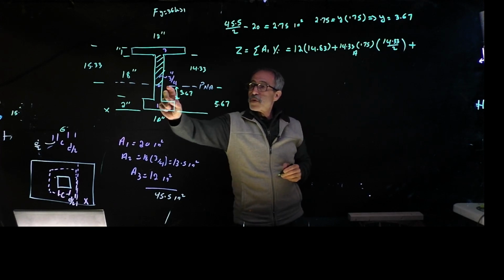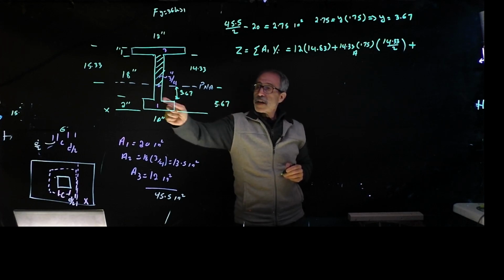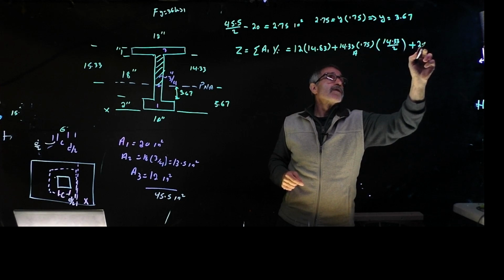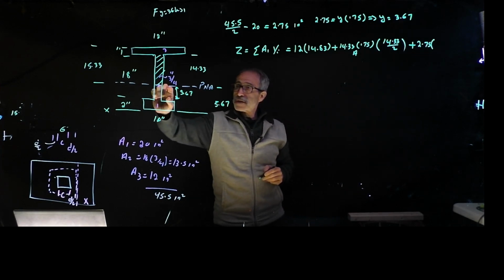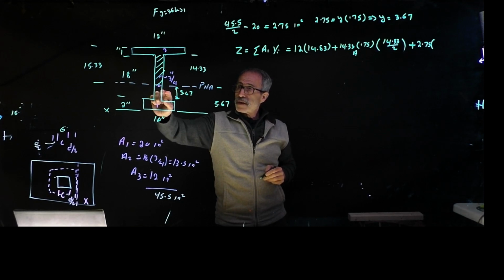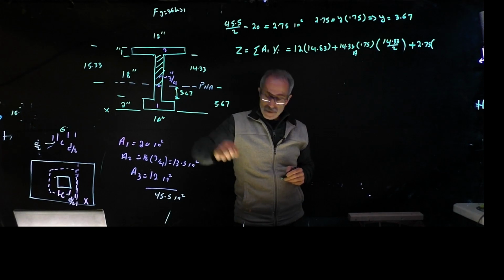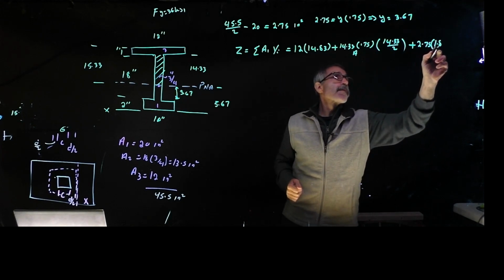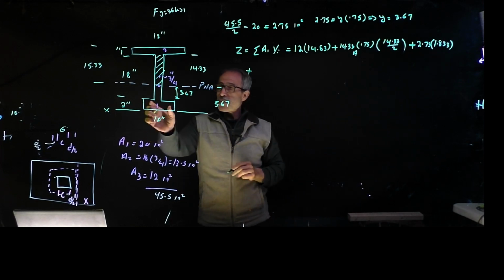And now we're going to go ahead and do the bottom shape plus. We know that's 2.75. The area we came up with came out to 2.75 already right here, so I don't have to calculate the area. 2.75, and that's going to be multiplied by half of this distance from here to this neutral axis, which becomes basically 1.833, and then plus the last one, which is this one right here.